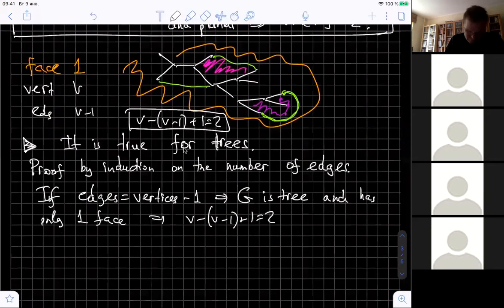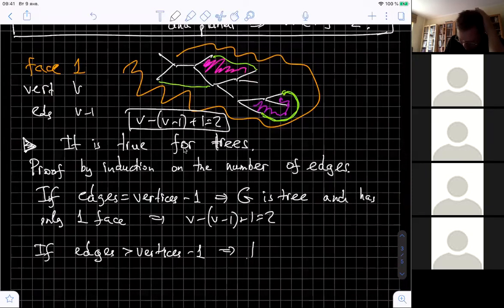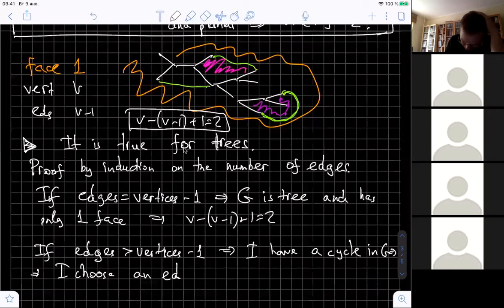And if the number of edges is greater than vertices minus 1, then I have a cycle in G. So I choose an edge in the cycle, and just forget about it.